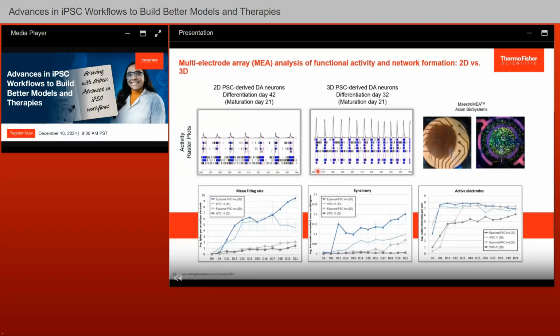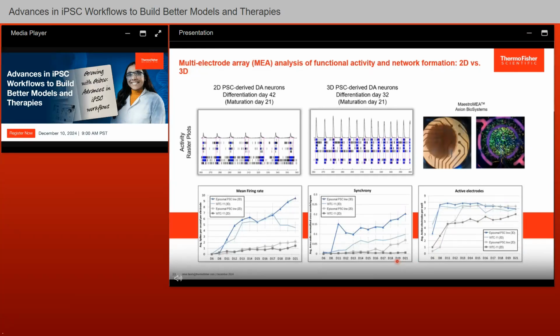Whether we're looking at mean firing rates, synchronicity of our cultures, or even just the number of active electrodes, what we've seen is a pattern where the 3D differentiated cultures always tend to outperform the 2D differentiated cultures that you see in the gray lines as well for all three plots.